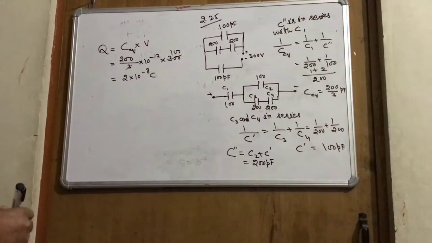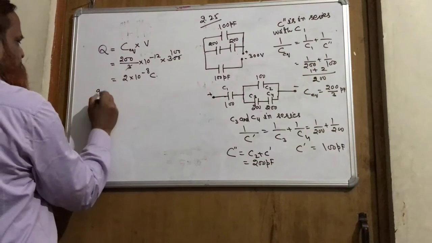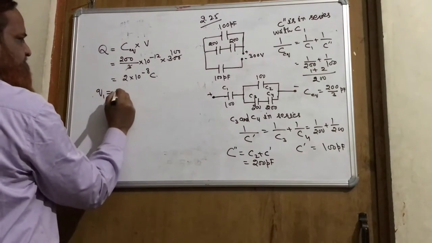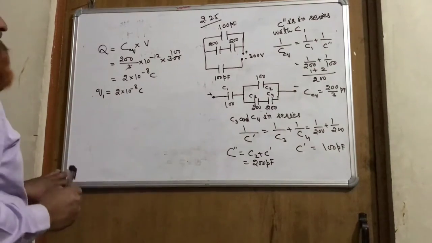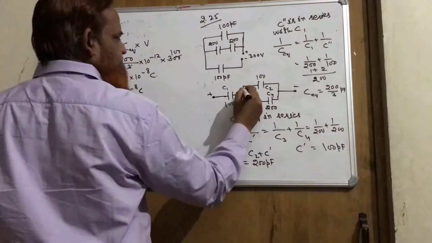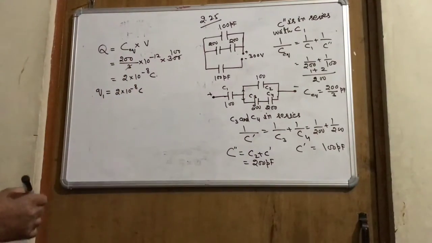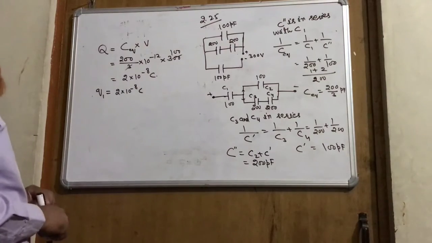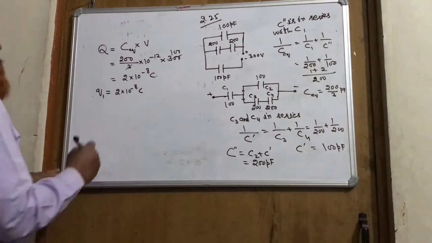So in C1 the charge, denoted by Q1, is 2 into 10 to the power minus 8 coulomb, and it will distribute equally in C2 and the equivalent of C3 and C4, because the capacitance is the same, 100 picofarad.